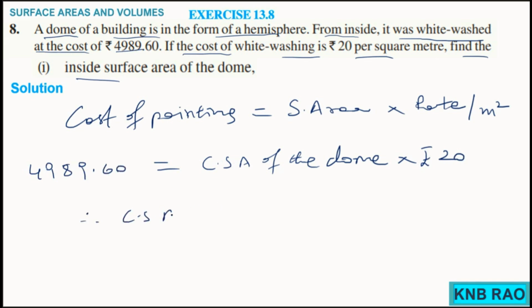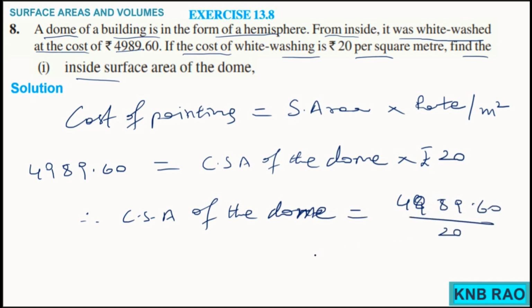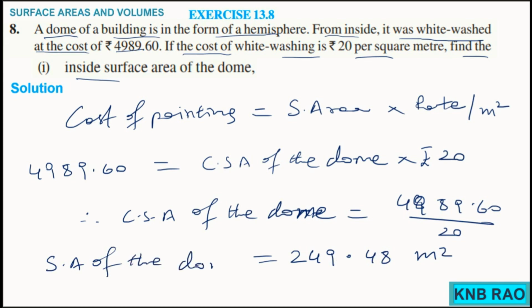Therefore, the CSA or inner surface area of the dome is equal to 4,989 rupees 60 paise divided by 20. So when you do it, you will get 249.48 meter square as the surface area of the dome. So this is the first question.